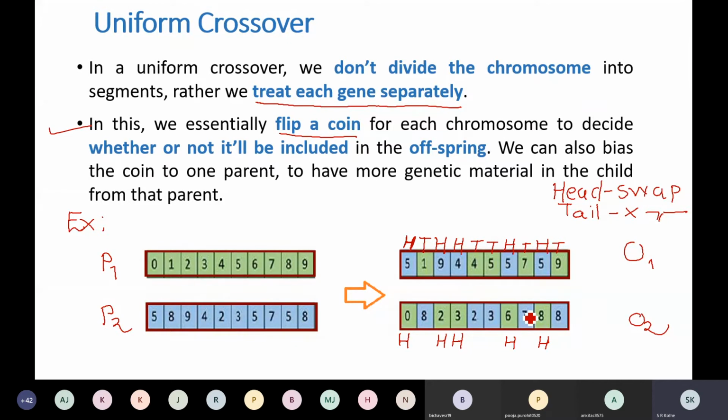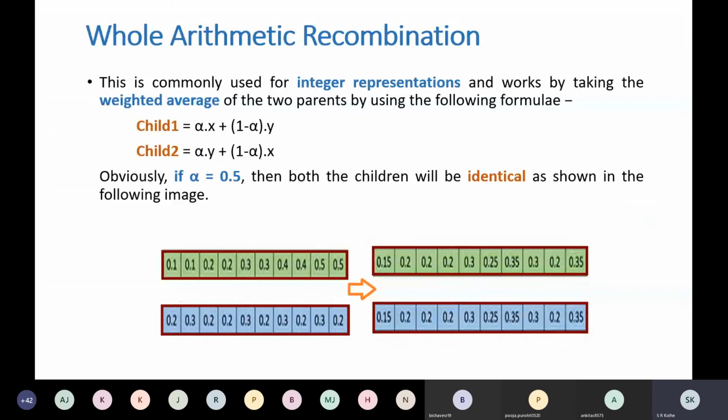What you have to remember here in uniform crossover is that you are not going to divide the chromosome into segments. Each individual bit or digit or character you are going to consider separately. Then another technique is called whole arithmetic recombination.